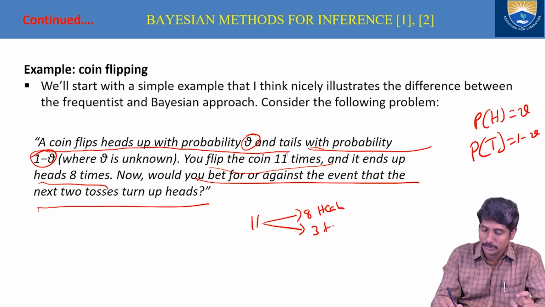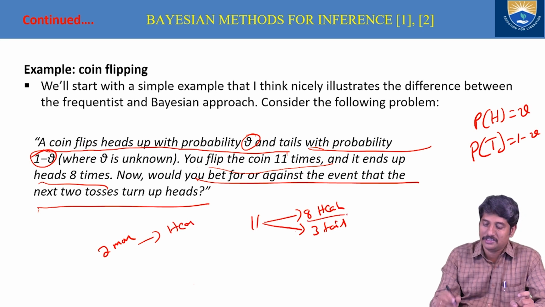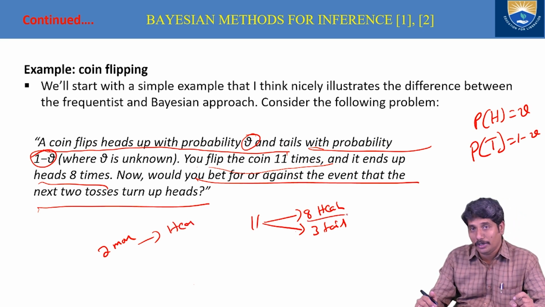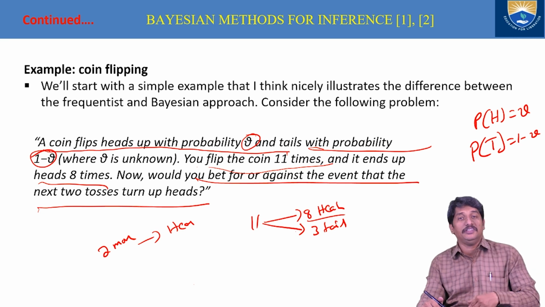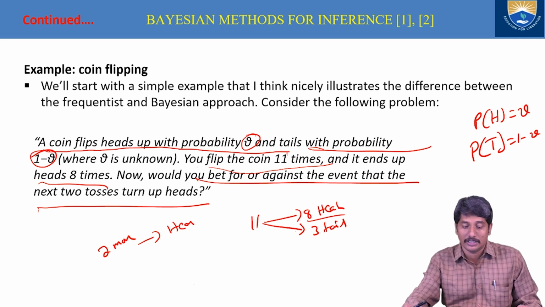Now you are going to flip the coin two more times. What is the probability that these two will again be heads, given that already 8 heads happened? So it's a conditional probability. Assuming that already 8 heads happened, what is the probability that the next 2 times are also heads?